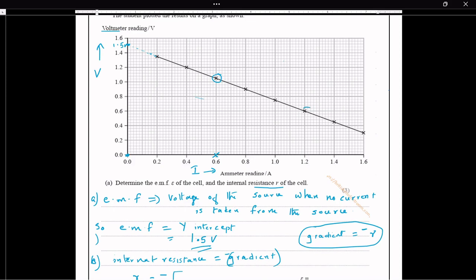These are the two points I'm going to select, so I'm going to make a triangle joining these two for the gradient.